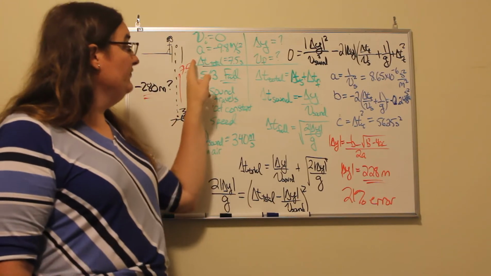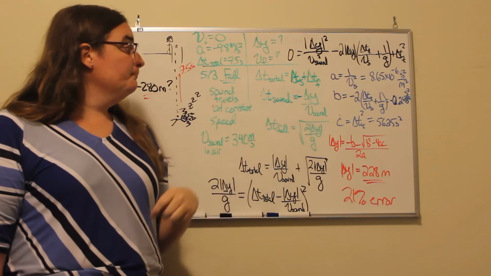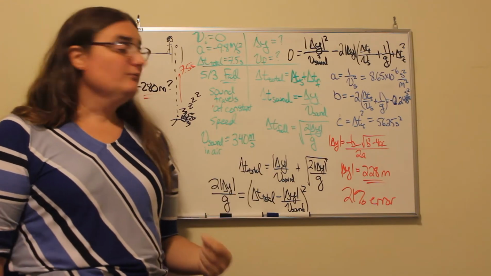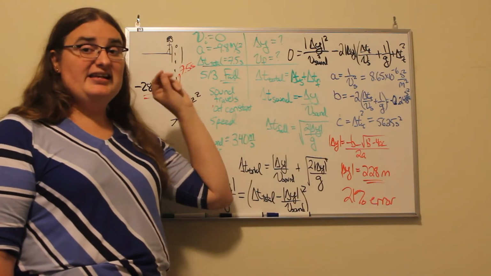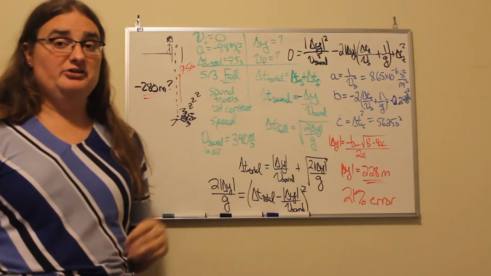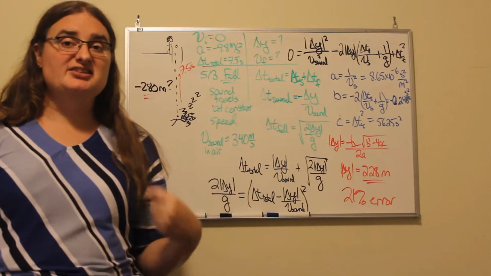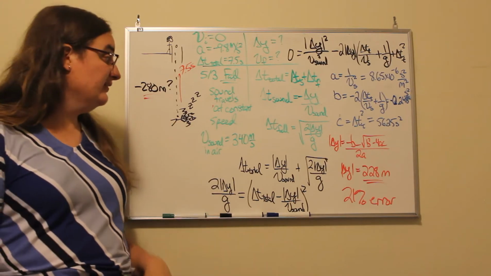Well, that time, though, is the time for the sound to travel plus the time of the fall. So the time for the sound to travel is the distance that sound had to travel divided by the speed of sound. Since sound travels at a constant speed, and in air it's about 340 meters per second.